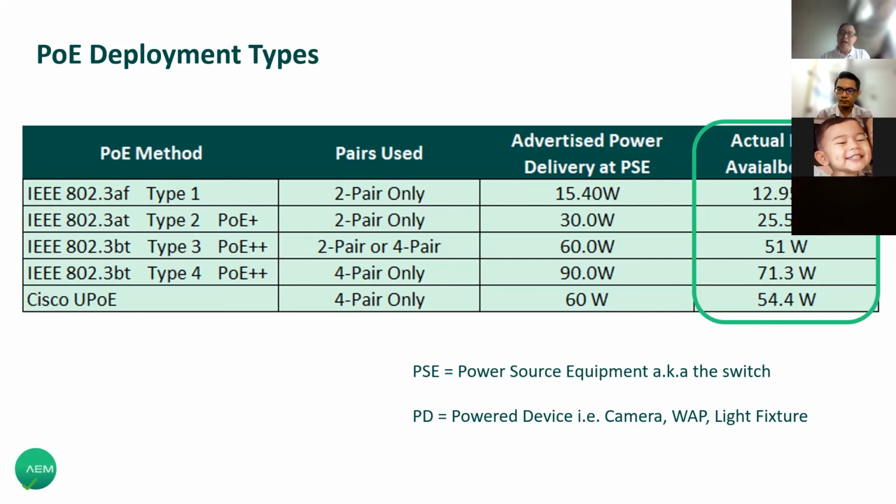If you are less, it could be two reasons. One, your power source equipment could be a problem. Second, your cable could be a problem. How the power runs over the cable depends on the quality of the cable, the copper quality. So we have to use this benchmark, it should not be less than this.